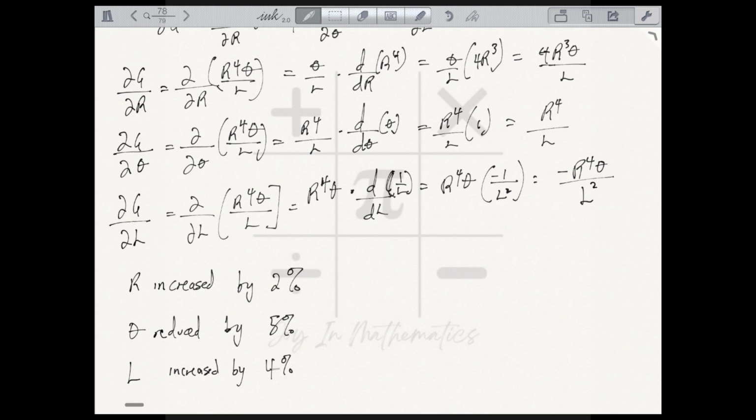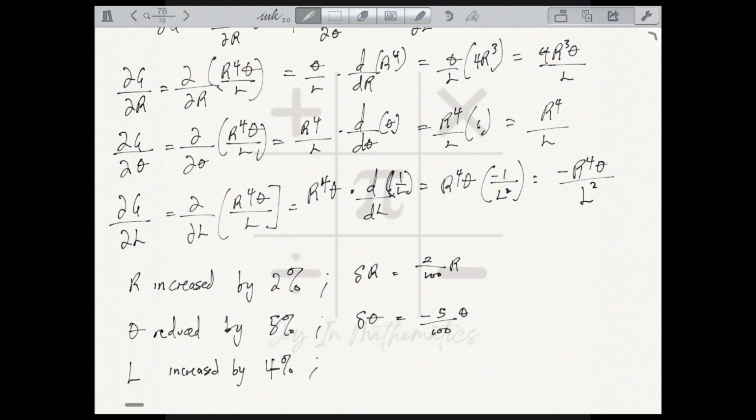So if R increased by 2%, then the change in R is equal to plus 2 divided by 100 R. And if theta reduces by 5%, that will give us minus 5 divided by 100 theta.